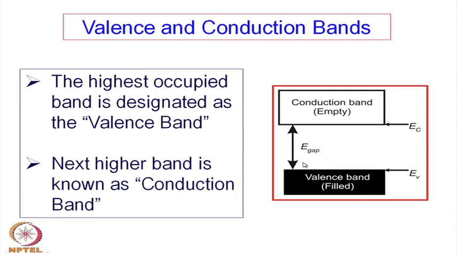So, most of the time the reference is here. EV becomes your reference, so that EC becomes EG. The gap is our concern, and it is relative to a particular energy level. Normally the top of the valency band is taken as the reference or zero level.